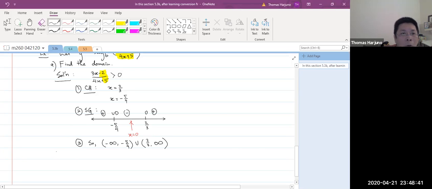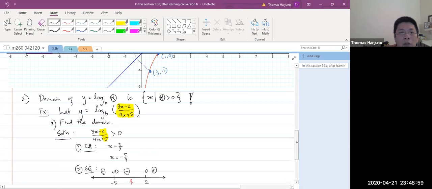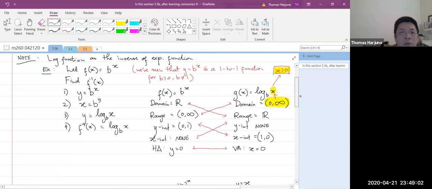Now, for part B, suppose we find the asymptote. To be more precise, the vertical asymptote. Now, if we look back to our original function, log base b of x, you see the vertical asymptote happens at x equals 0.